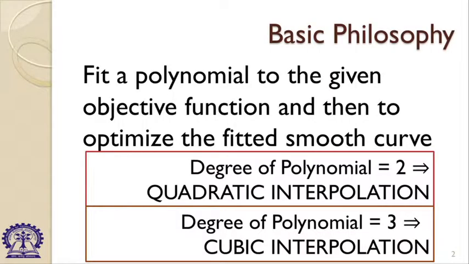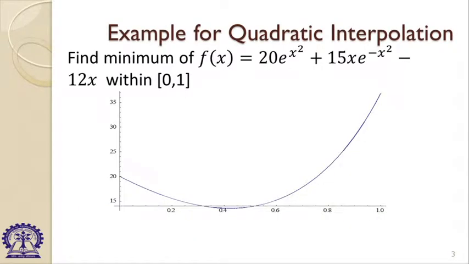Let me tell you how we really do it. I will explain the methodology with examples. Let the function be f(x) = 20 e^(x^2) + 15 x e^(-x^2) - 12 x, and we need to find the minimum of this function within 0 to 1.